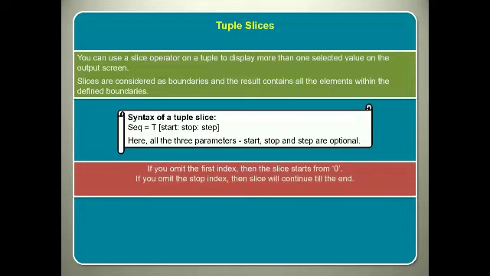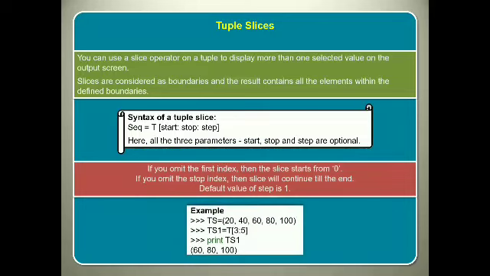If you omit the stop index, then slice will continue till the end. Default value of step is 1. In the example, starting position of the tuple slice is 3 and ending position is 4, that is 5 minus 1. Therefore, the output is 60, 80, and 100.